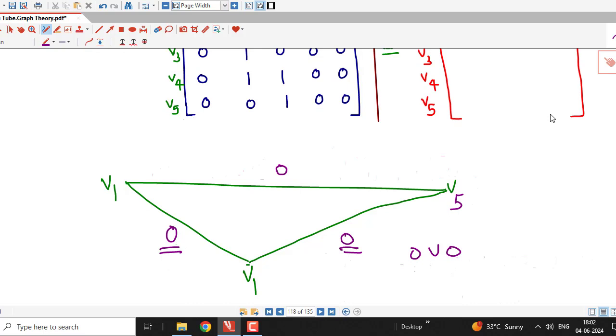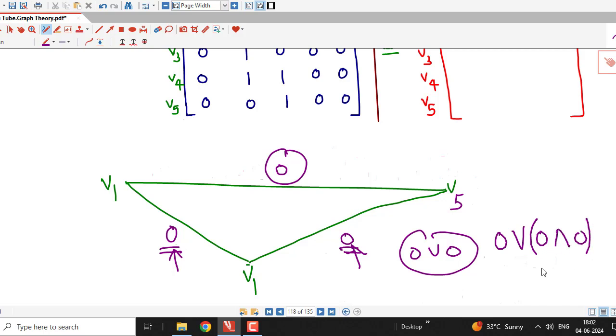One more observation is, if I have 0 here and if at least one of these is 0, then also I will obtain 0, because 0 AND 0, or 0 AND 1, that will give me 0. This is always going to be 0. So if at least one entry is 0 here, and if this is 0, then we can directly write 0.